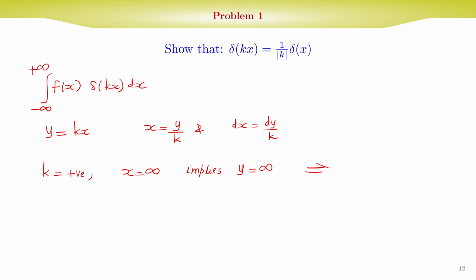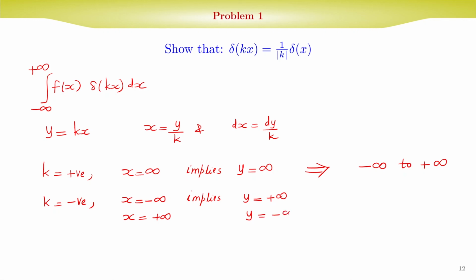This indicates that the integration runs from minus infinity to plus infinity. When k is negative, when x is equal to negative infinite, then this implies that y is equal to plus infinite. And x equal to plus infinite implies that y equal to minus infinite.